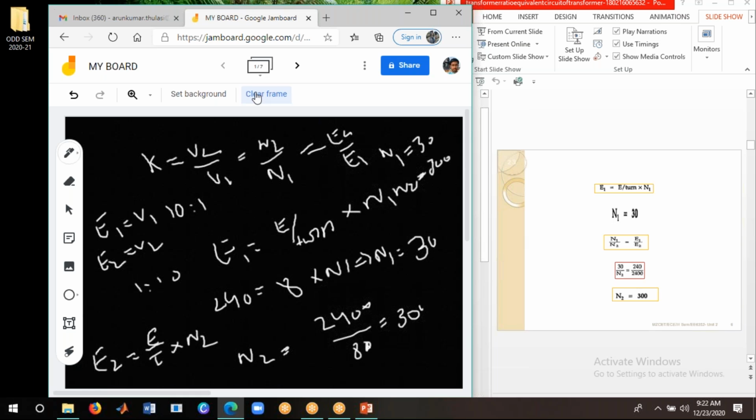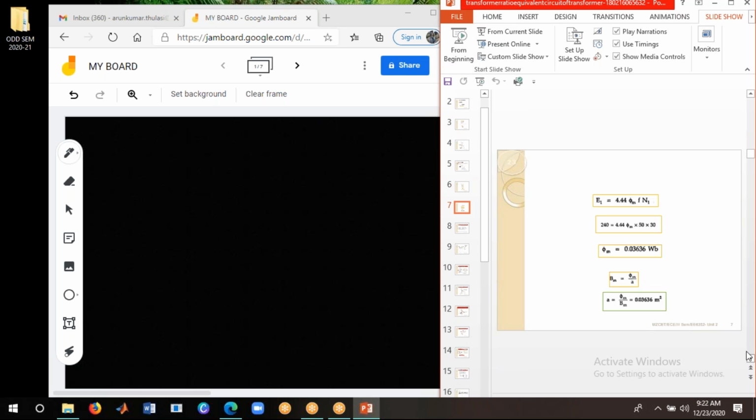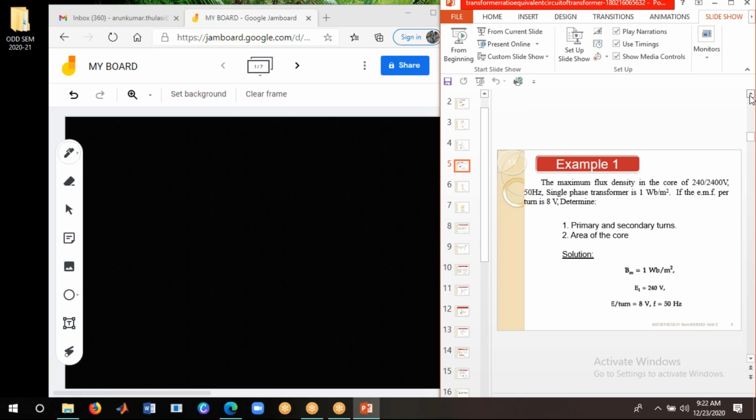Now we need to find the area. For finding the area, we need to use this equation. So this is the equation, we can write phi m equals. Here, is the maximum flux given or not? Maximum flux density.